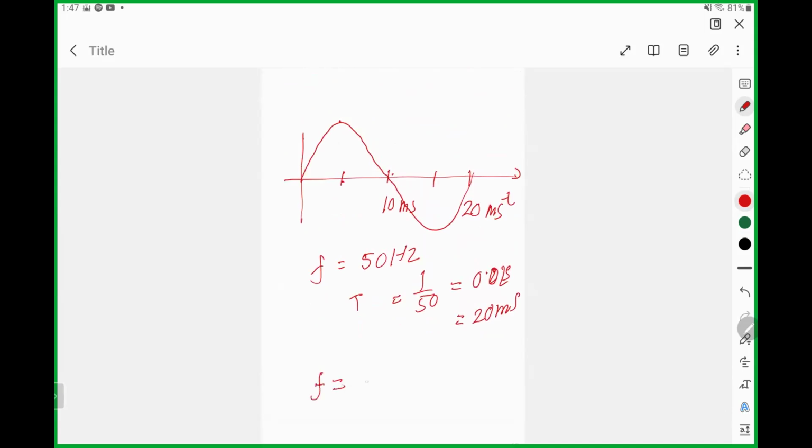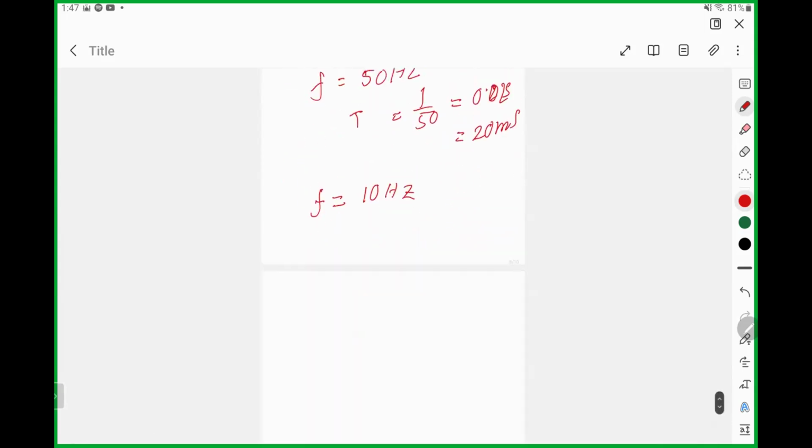If I take a frequency of 100 hertz, then what would be the period? So 100 hertz, and T would be equal to 1 over 100. That means this will be half, right? So it will be 0.01 second, and that will be 10 millisecond, right?